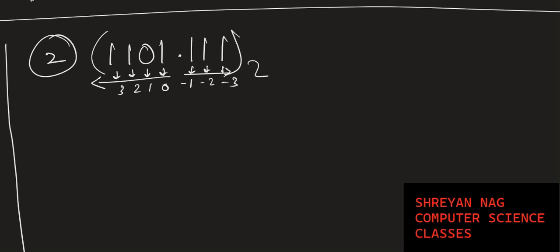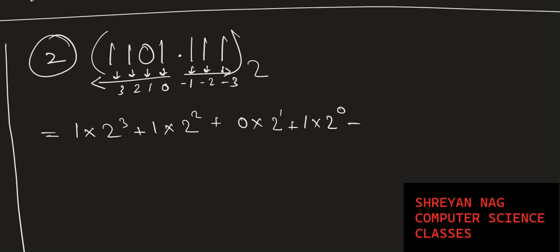So we write like this, equals 1 into 2 to the power of 2 plus 1 into 2 to the power of 1 plus 0 into 2 to the power of 0 plus 1 into 2 to the power of minus 1 plus 1 into 2 to the power of minus 2 plus 1 into 2 to the power of minus 3.